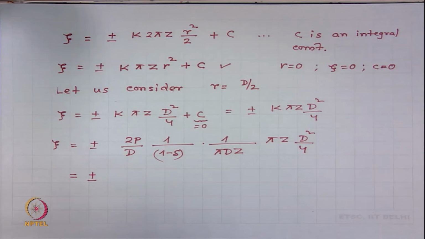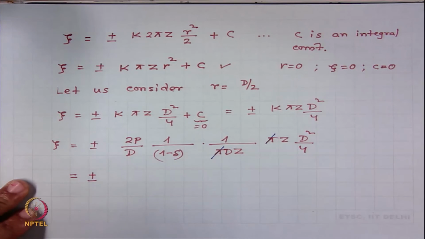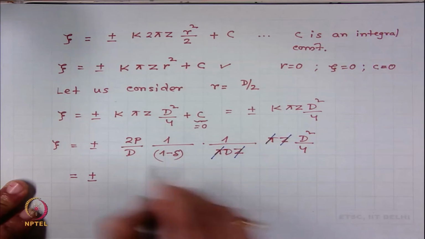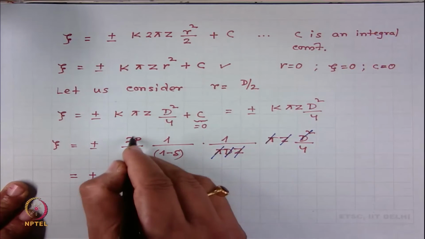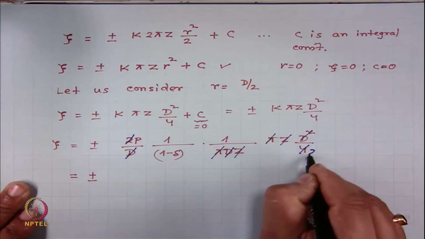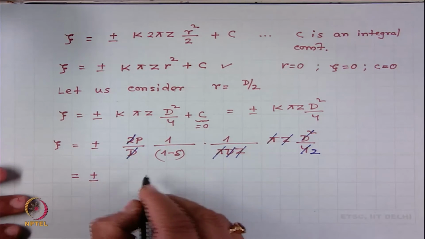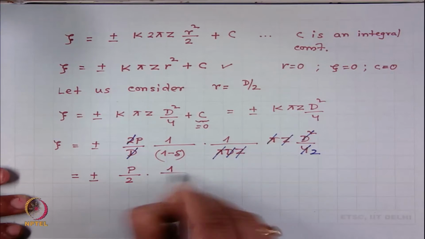Now, this pi cancels out, z cancels out, d and d square cancel out. So, what we obtain is p by 2 into 1 minus retraction.